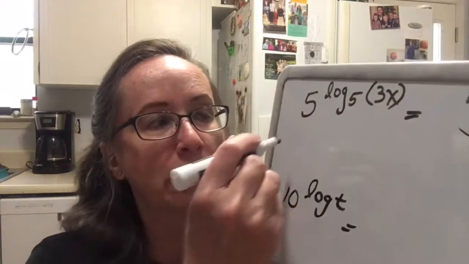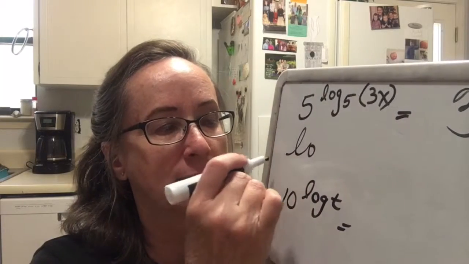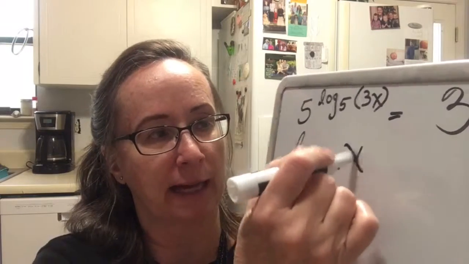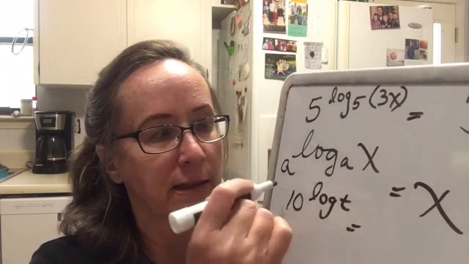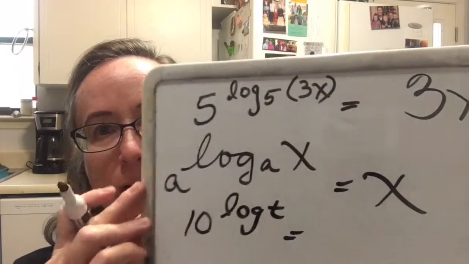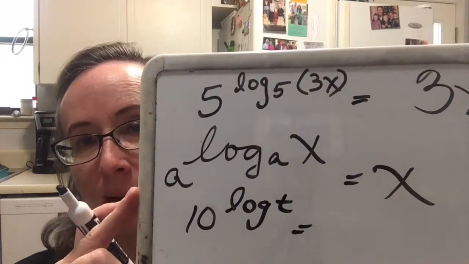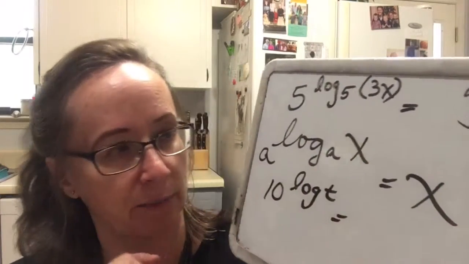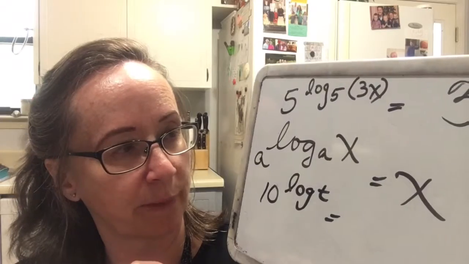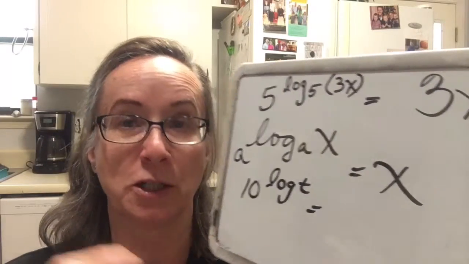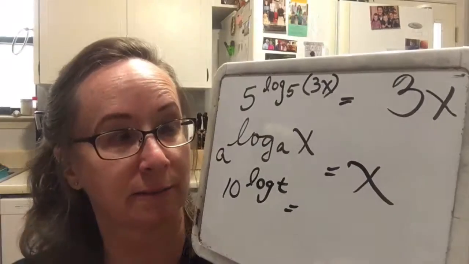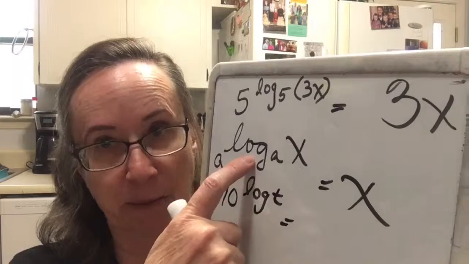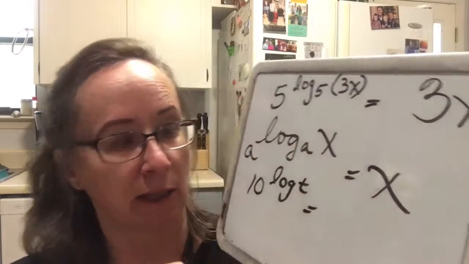So your rule that we're following is a raised to the log base a of x is x. So this is the principle that we're going to use. The base raised to the log base, same base, is always going to give you the argument because that's the definition of the logarithm. The log is the exponent to which you raise the base to get the argument. We just raised the base to that log exponent, therefore we get the argument of the log.